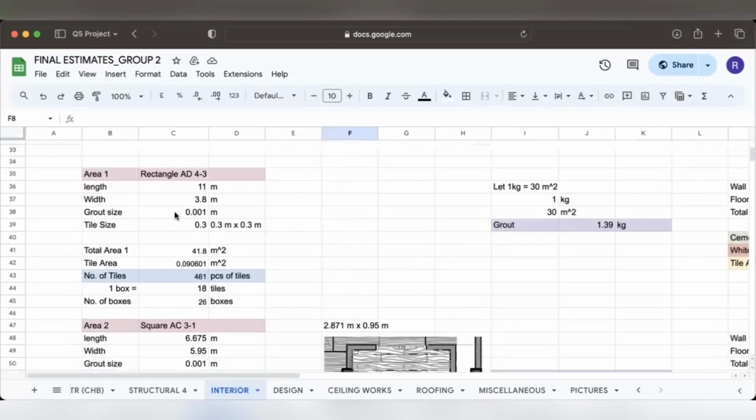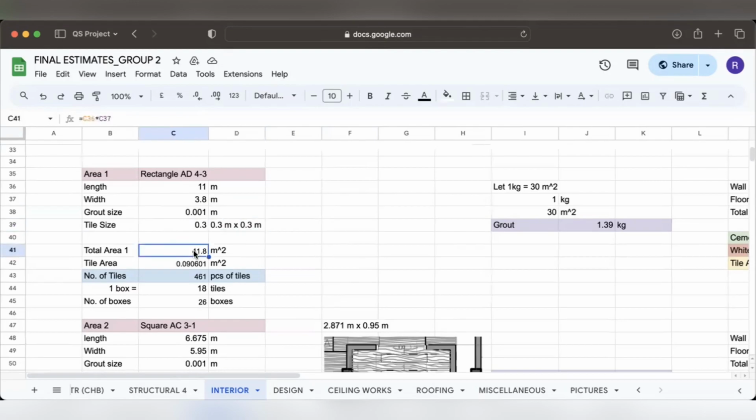Next, we will first talk about area 1, which is the rectangle shown at the topmost of the floor plan. We have a length of 11 meters, a width of 3.8 meters, an assumed grout size of 0.001 meter, and a tile size of 0.3 meters by 0.3 meters.